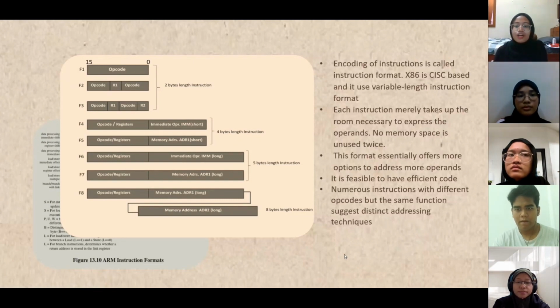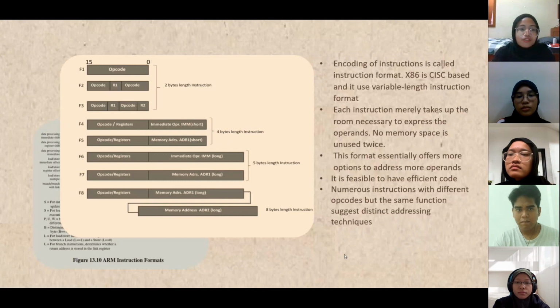So this format essentially offers more options to address more operands. It is feasible to have efficient code, numerous instructions with different opcodes but the same function, suggesting distinct addressing techniques.